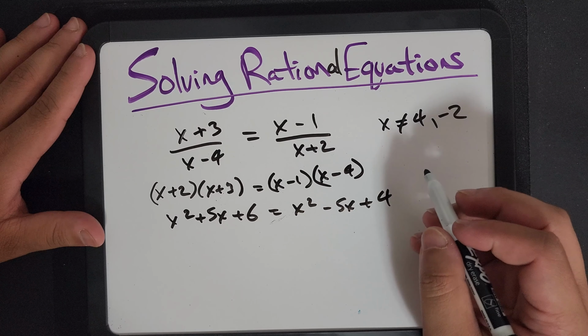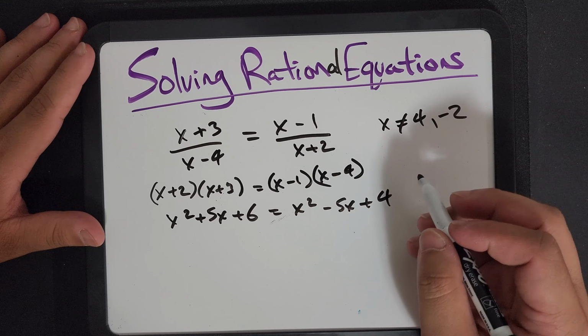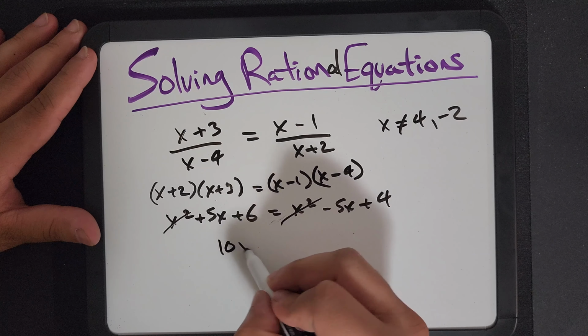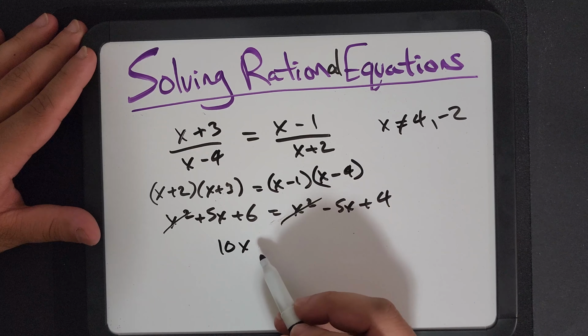And now we can start solving. We have x squared on both sides, that cancels out. We can move the 5x to one side, so 5x and 5x make 10x. And then we have plus 6 on this side, we'll move that over to the 4 and subtract it on this side. And we should have a negative 2 here.